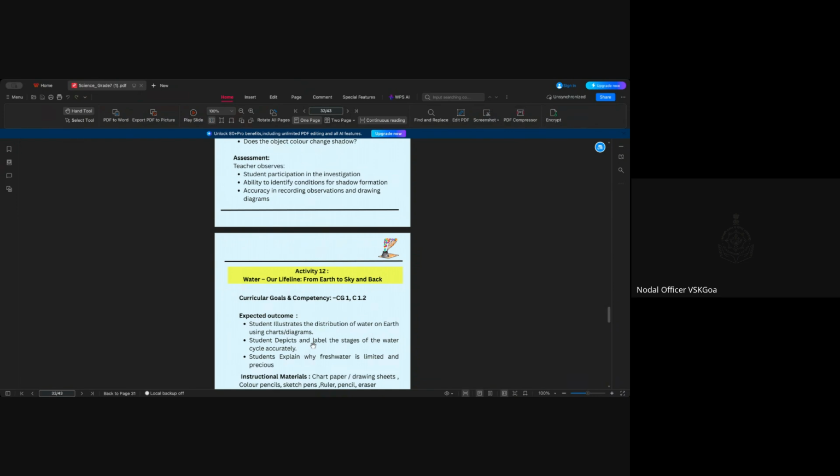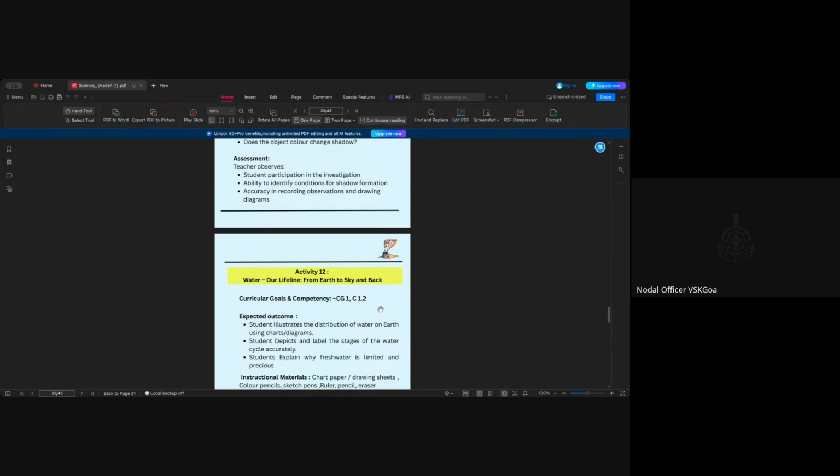In this activity, we are concerned with curricular goal 3 and competency 3.4, which says extend the conditions to sustain life on Earth and other planets. So this activity is in line with that competency, along with other competencies like 5.1 and 7.4.